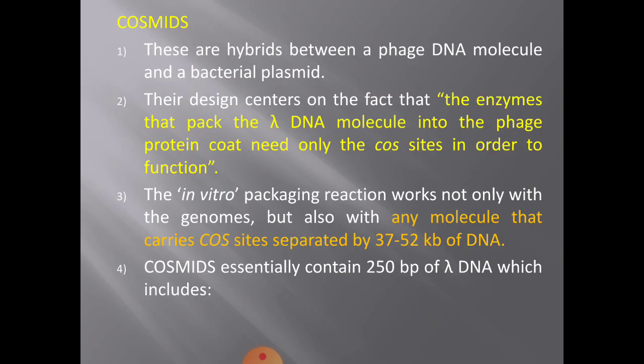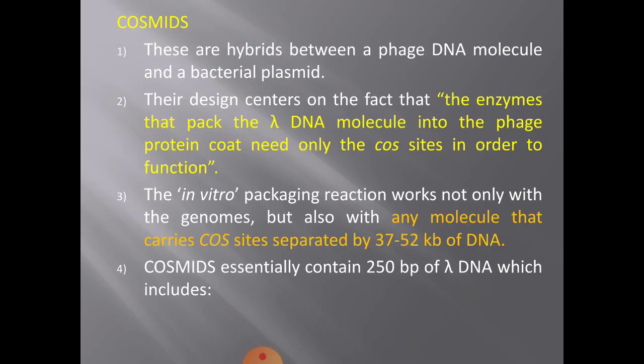Then, as per your syllabus, you have to learn one more type of vector, that is cosmids. Cosmids are hybrids between a phage DNA molecule and a bacterial plasmid. COS is from the phage part, MID is from the plasmid.